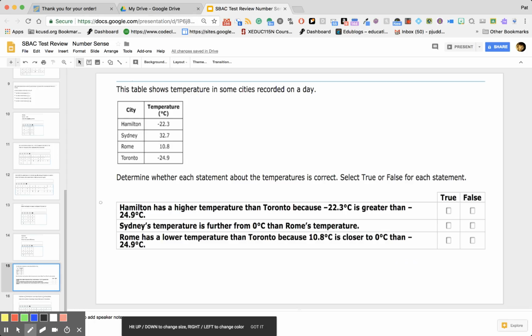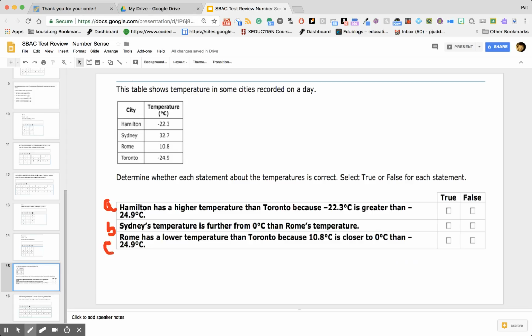You're not writing the whole sentences. A, B, and C. You're going to record A, B, and C, all three of them, and you're going to indicate it's either true or false. Take 2 minutes, consider the chart, consider the statements, and decide if they're true or false. Pause the video here for 2 minutes and check back in after.